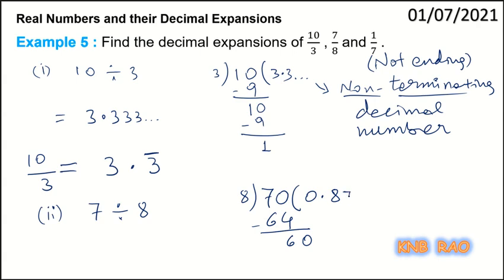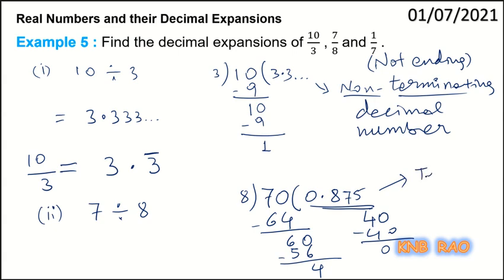So 8 7s are 56, and the difference is 4. Now I will do it here, and further 0 I can take. 8 5s are 40. So 40 minus 40 is 0. Therefore, I got an ending here.